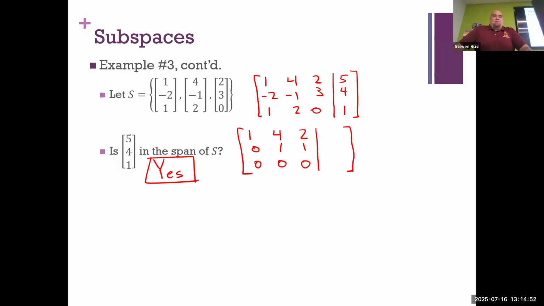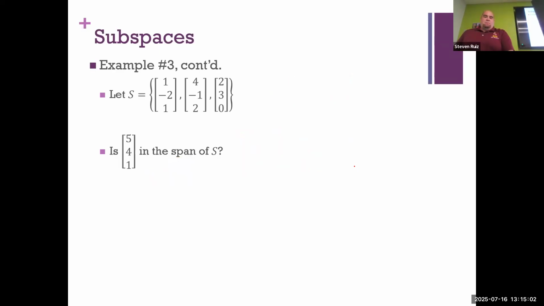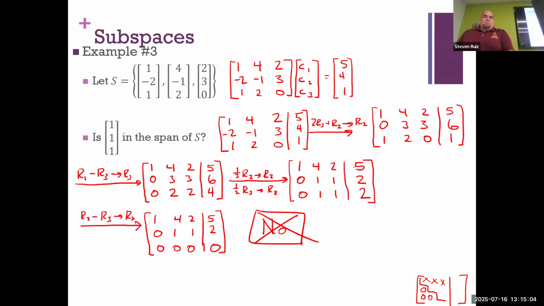We were able to find that C1, C2, and C3 would have existed. Actually, there's an infinite number of ways this happens. So what did we learn from this final matrix we have here? What do we know about the values of C1, C2, and C3?